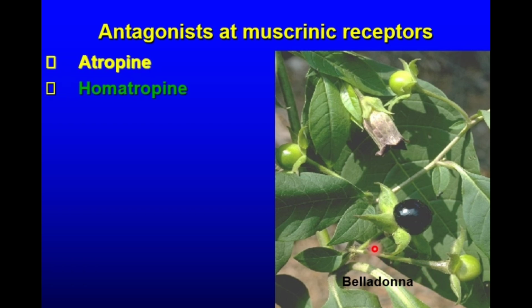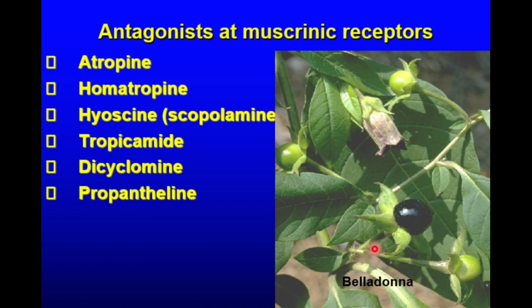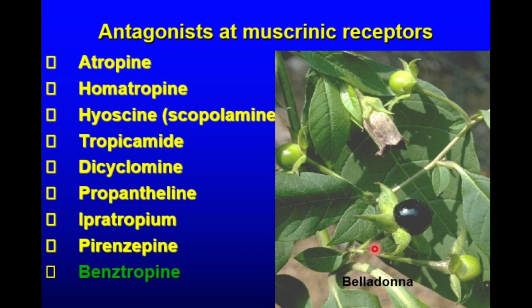Other drugs include homatropine, hyoscine, also known as scopolamine, both are generic names, tropicamide, dicyclomine, propantheline, ipratropium, pirenzepine, benztropine, and several others. These agents all produce a competitive antagonism of acetylcholine at muscarinic cholinoceptors.